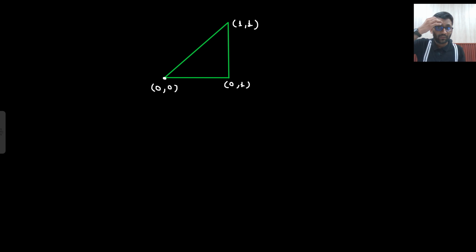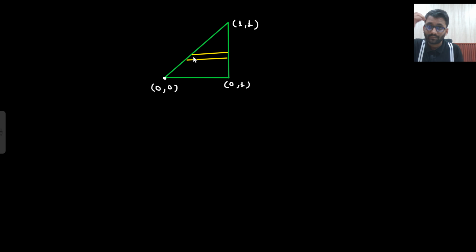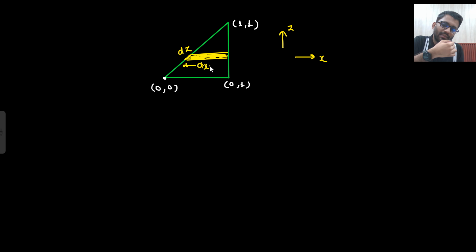Yeah. So now if I take this strip, okay, this direction is your z, this direction is your x. So this small length will be your dz and this will be your dx, right?